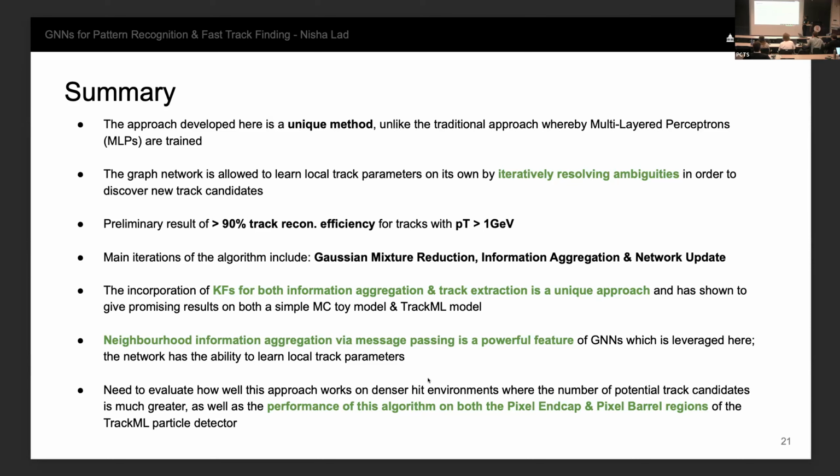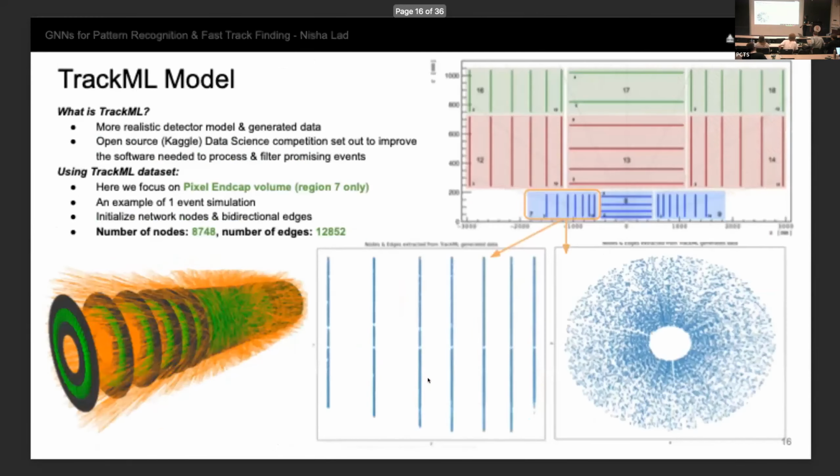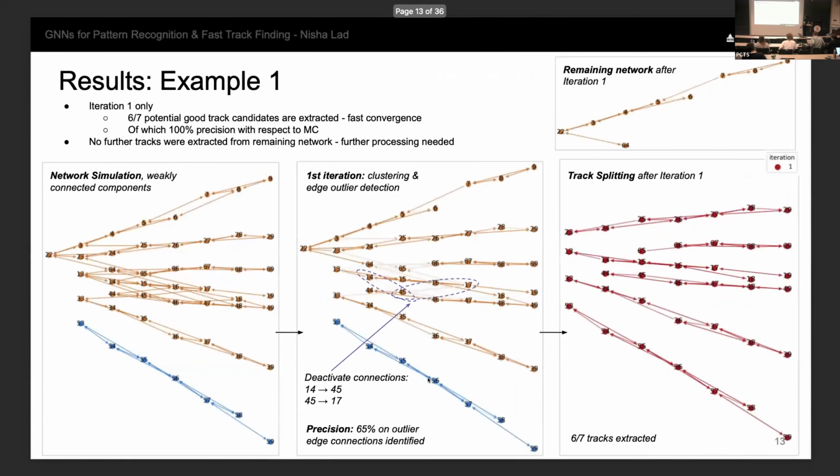I don't think I have any metrics on it, but just to give you an idea, when we developed the toy model, we didn't use any OU process. We were still able to extract track candidates fairly easily, but again, this was just a very simple setup with like 70 nodes and 7 tracks.